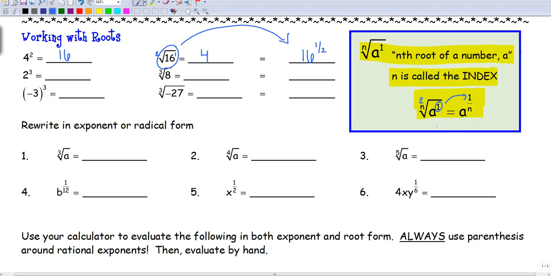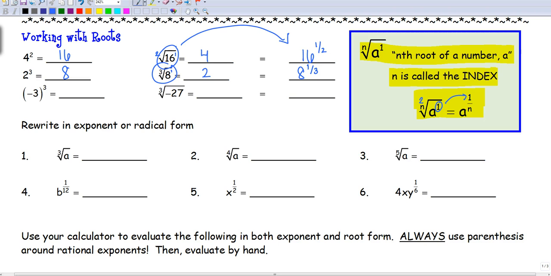All right, let's try it again. 2 cubed, you know, is 8. Cube root of 8 is 2. We're just going backwards. This can be written as 8 to the exponent over index, 8 to the 1/3 power.